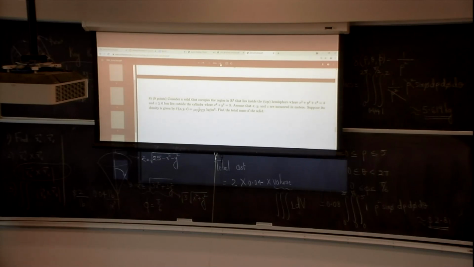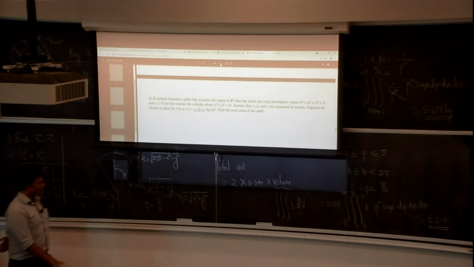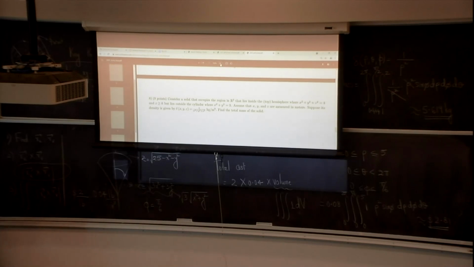So from 2014, it depends on who writes the questions each year. The z greater than or equal to 0 is the upper half space, above the xy plane.